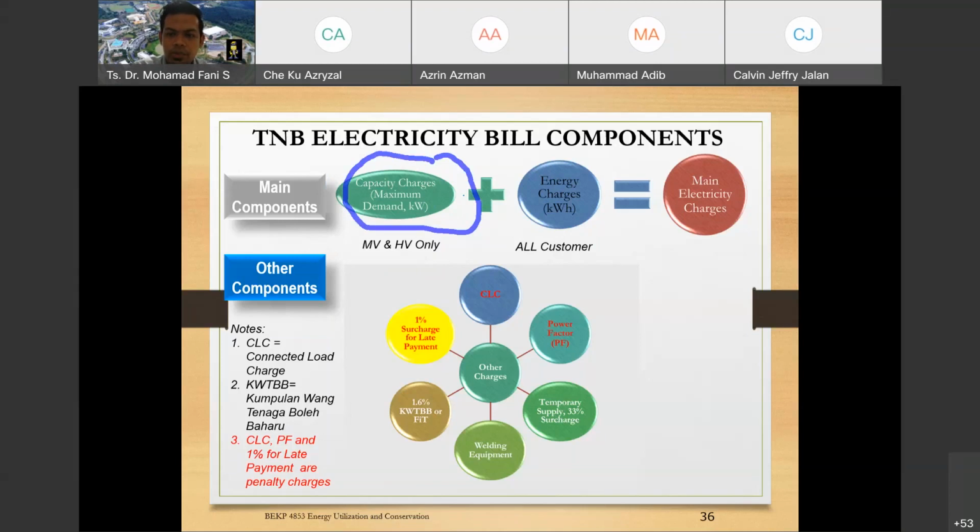That will be the main electricity charge.